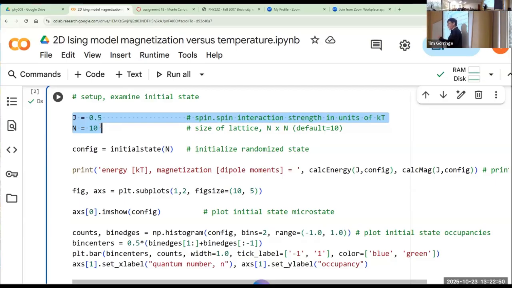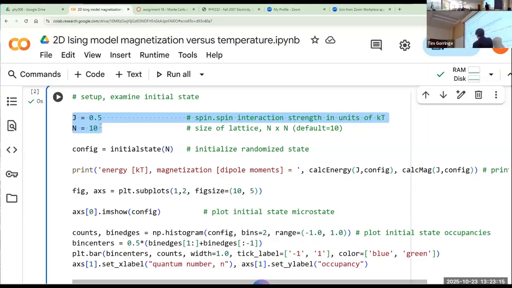So it's a bit like half a kT, whatever the temperature is, and this is going to be the size of my array. So it's going to be a 10 by 10 array. Then I'm going to call initialize state. And so configure is going to become the starting random array of the dipole moments.